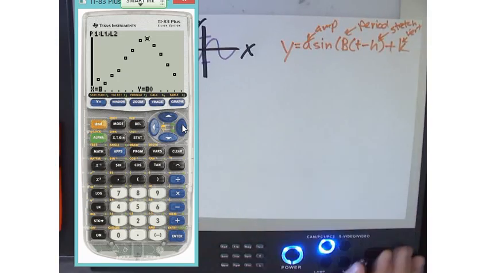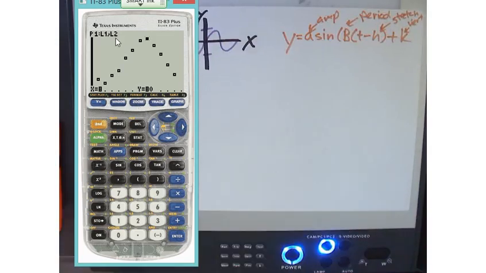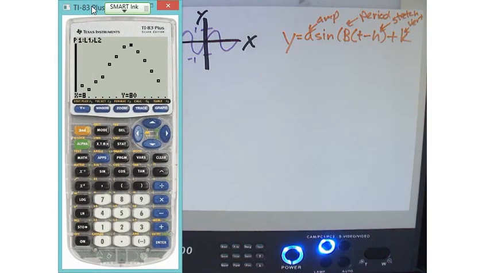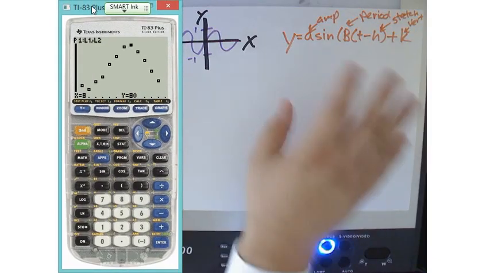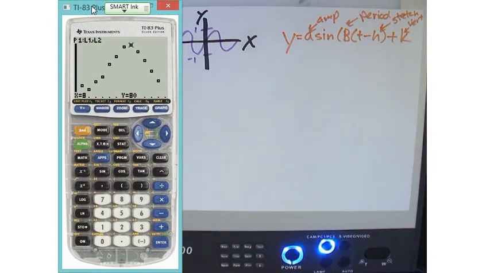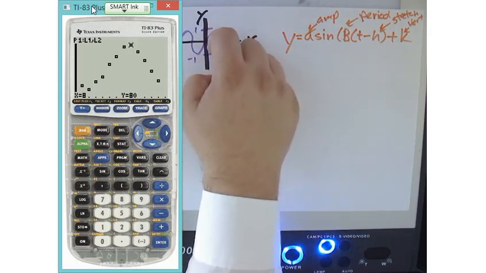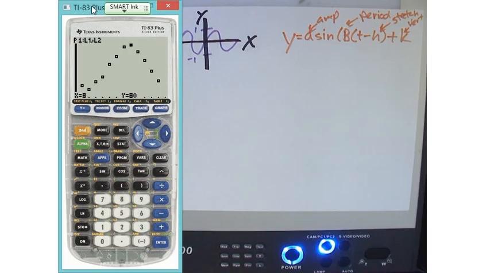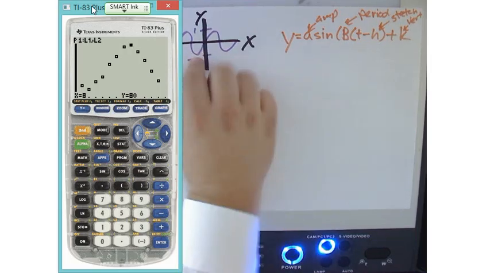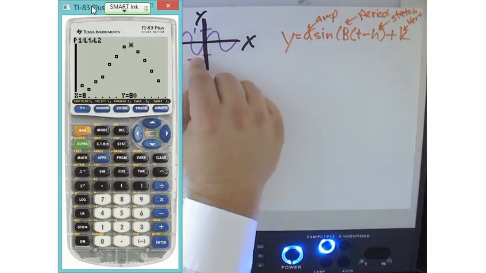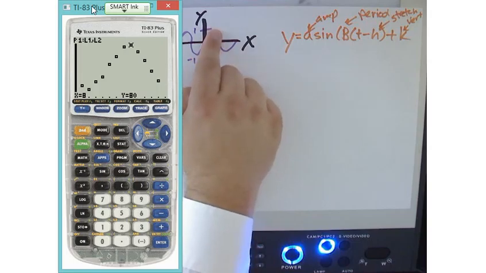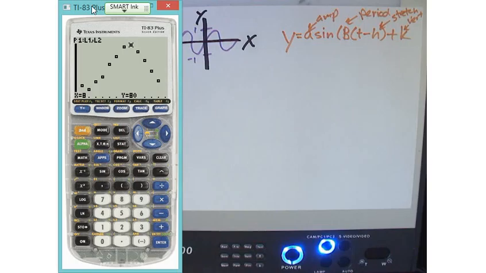So I would like to figure out the amplitude. If this has an amplitude of 1, how do I apply that information? My lowest point here is negative 1. My highest point here is positive 1. What's the distance between the two of them? 2. So how do I figure out the amplitude?